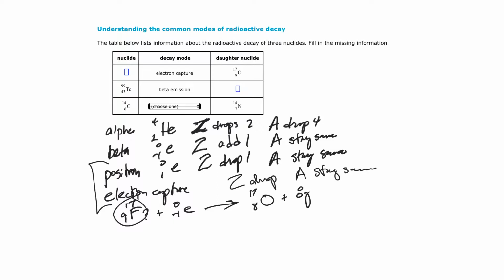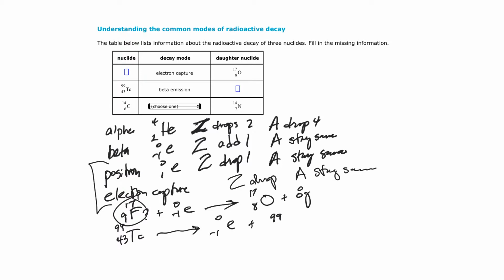What is your second one? Okay, beta. All right, so you start with technetium 99. Technetium is 43, and you are going to emit a beta. So emitting will be a -1, 0. That means it still has to be 99. 99 is the mass number because 99 equals 0 plus 99.